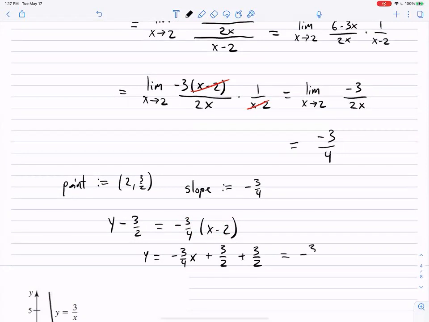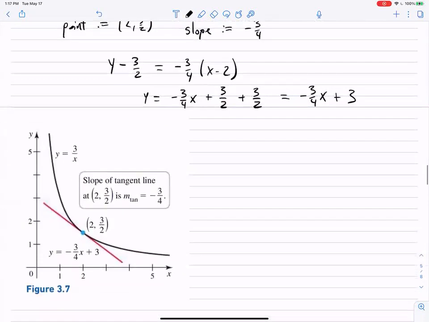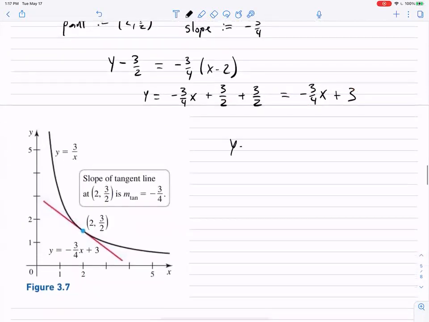And so this will be negative 3/4 x plus 3, because 3 halves plus 3 halves is 3. So y equals negative 3/4 x plus 3. That is the final answer.